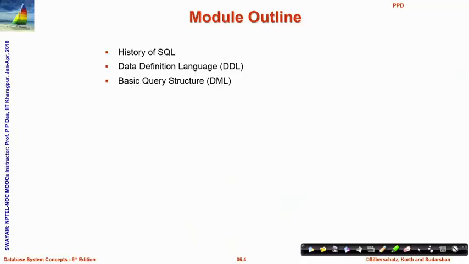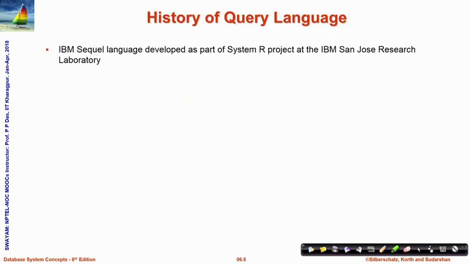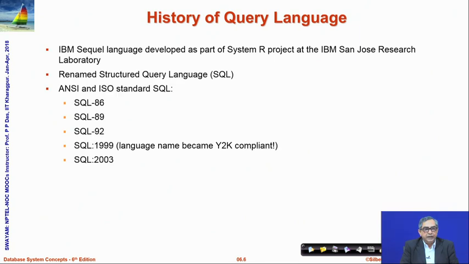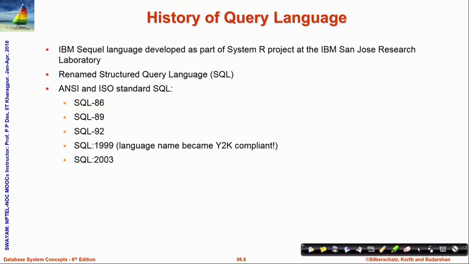In this module, we will first talk about the history, and then we will see how to define data and start manipulating them. SQL was originally called IBM SQL language and was a part of System R. It was subsequently renamed structured query language, and like any other good programming language, SQL also gets standardized by ANSI and ISO.